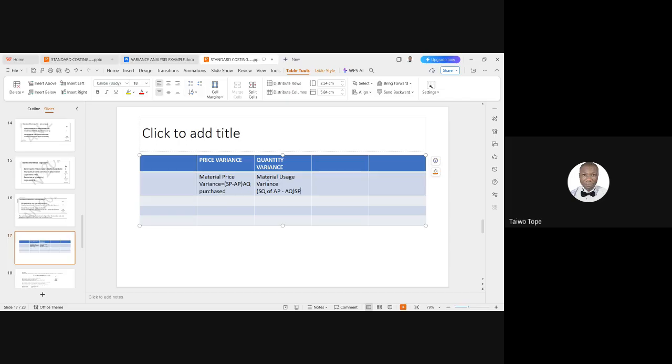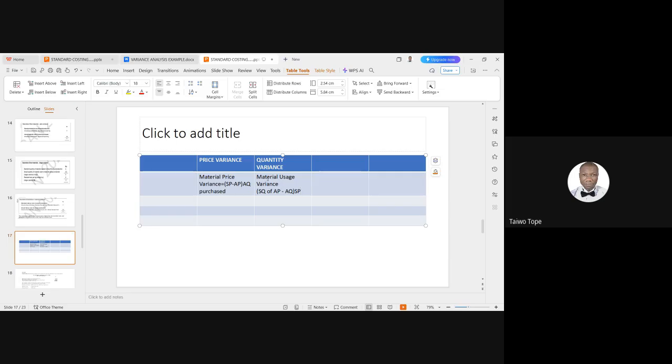At first, you can write it in full if you think the acronyms will not help you understand it. As you keep solving, you get used to the acronyms and you don't need to write them in full again. When we talk about quantity variance, we are looking at the difference between the quantity multiplied by what it should have cost.